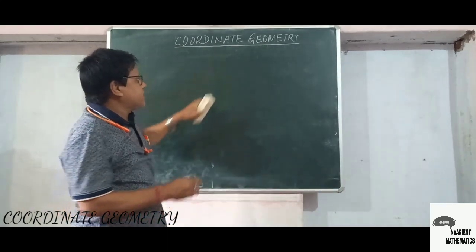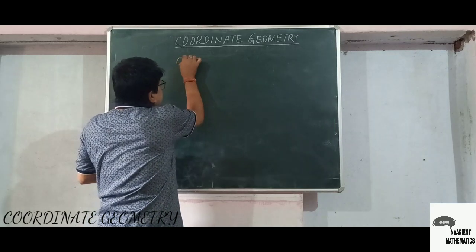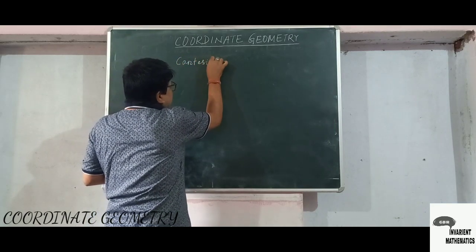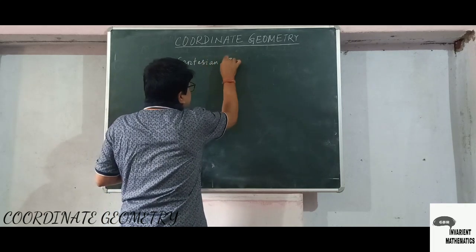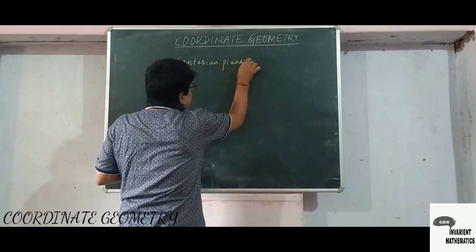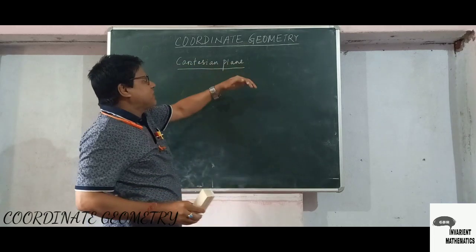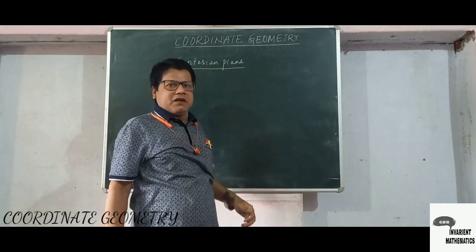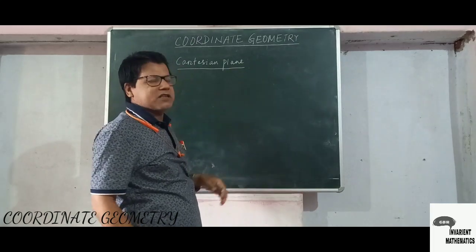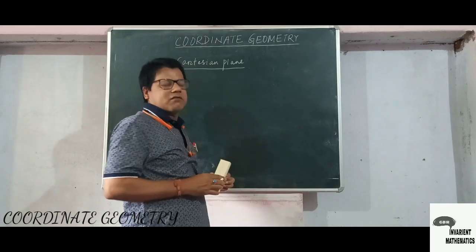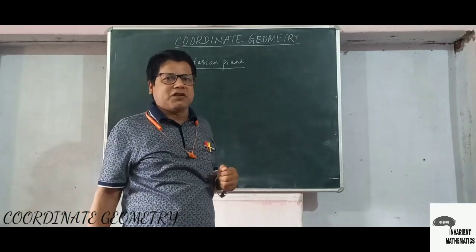Now, coordinate geometry deals with the Cartesian plane. The first term is Cartesian plane. What is the difference between a simple plane and a Cartesian plane? In a Cartesian plane, we know that a plane has an infinite number of points.